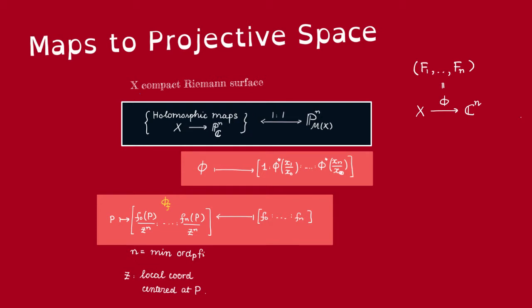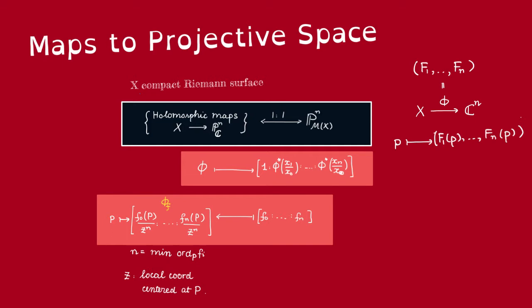Do you see why any such holomorphic map must be of the form (f1, ..., fn), where the fi are holomorphic on X? And by this I mean that there will be holomorphic functions fi on X such that at every point p, phi of p is just going to be equal to (f1(p), ..., fn(p)). Right? This is the point of C^n.